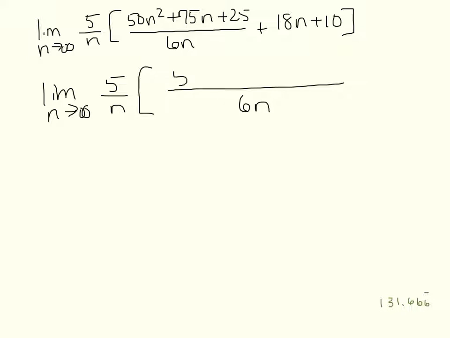So the 50n squared plus 75n plus 25. To get a denominator of 6n for the 18n, I'm going to multiply by 6n. That's going to give me a 108n squared, and then a 60n for the last term.